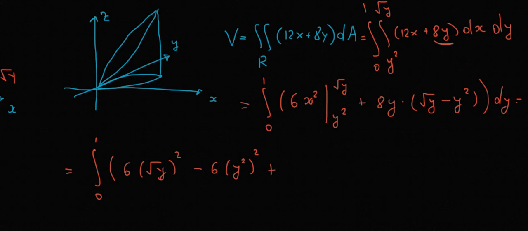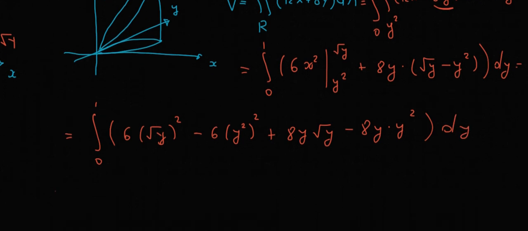And then I'm going to distribute 8y to the two terms in parentheses that 8y is being multiplied by. So plus 8y times square root of y, and then minus 8y times y squared, dy.